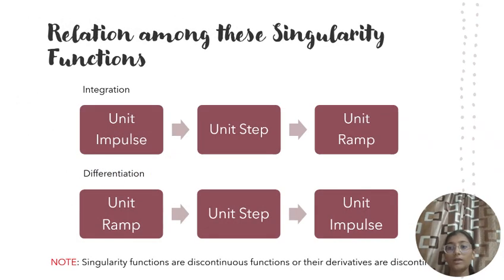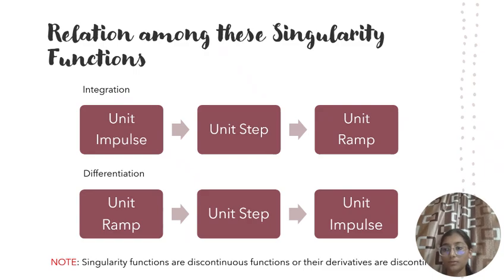Now let us see the relation between these functions. This is a very important relationship among these three functions: step, impulse, and ramp, through differentiation and integration. If you differentiate the ramp function, you get the step function. If you differentiate the step function, you get the impulse function.